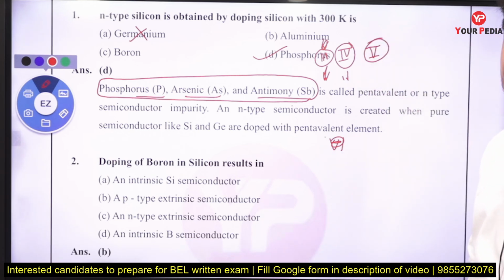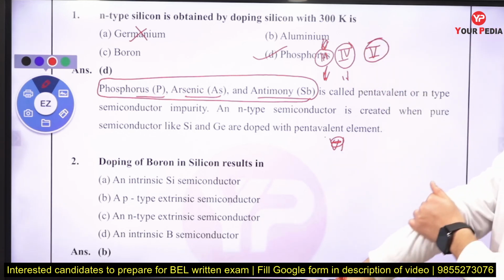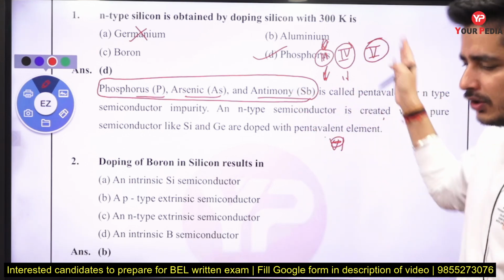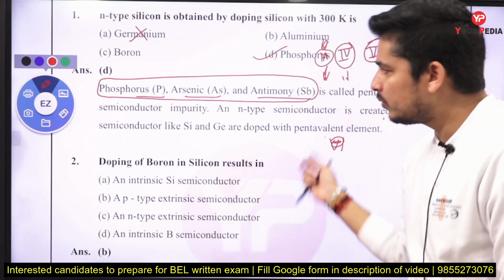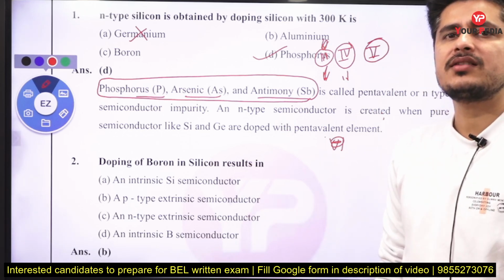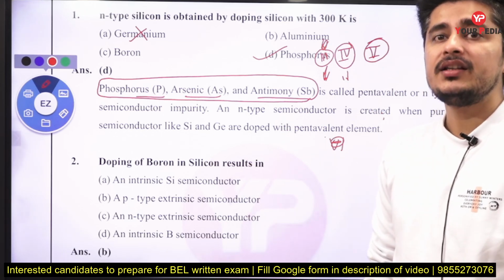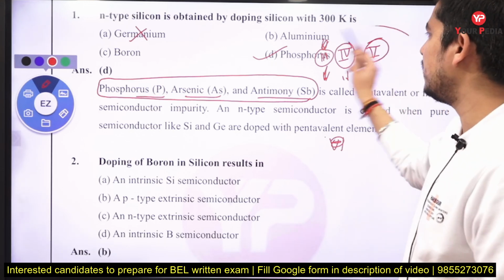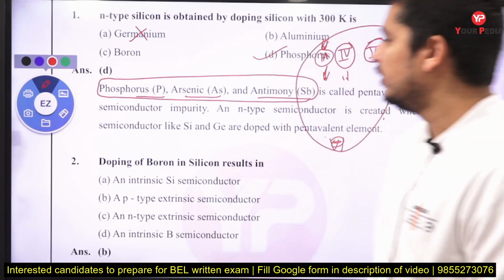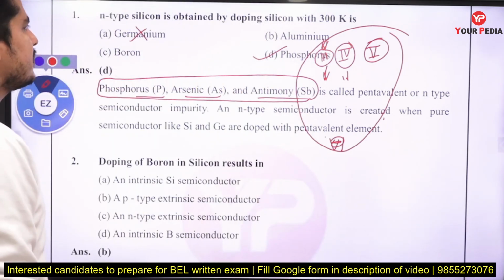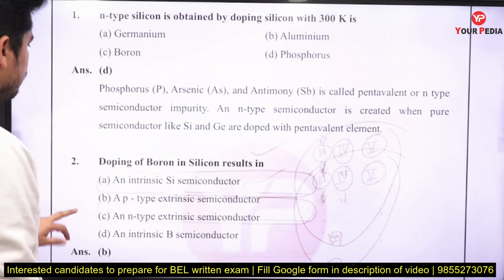For the fifth group we have phosphorus, arsenic and antimony. When we introduce phosphorus, arsenic or antimony as a dopant inside the semiconductor, it will make the semiconductor n-type. This is the main thing you should know about impurity atoms. So the answer is phosphorus. Move to the next question.